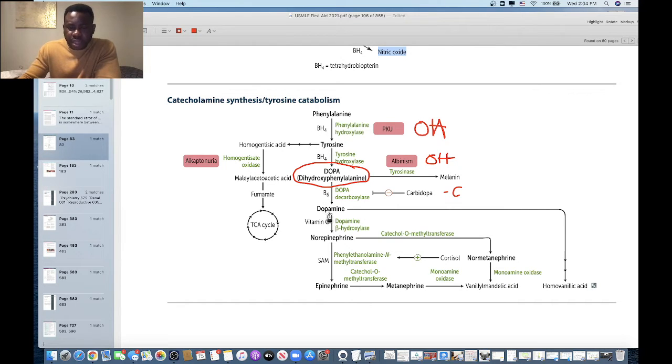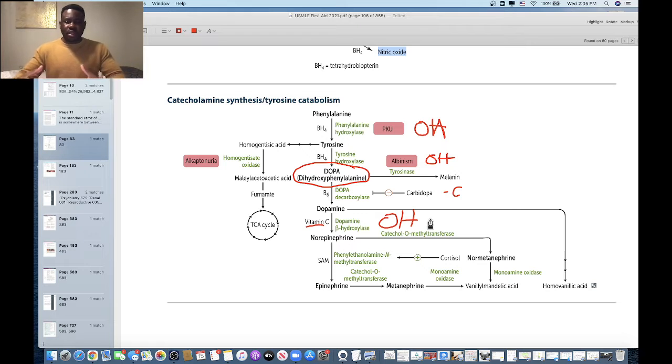And now the next step is converting dopamine to norepinephrine, and it's mediated by vitamin C. Here it's doing beta hydroxylation, so it's dopamine beta hydroxylase. It's also adding OH. So you see, the whole thing is just about adding OH or removing carbon. That's how I appreciate biochemistry, because biochemistry is not hard.